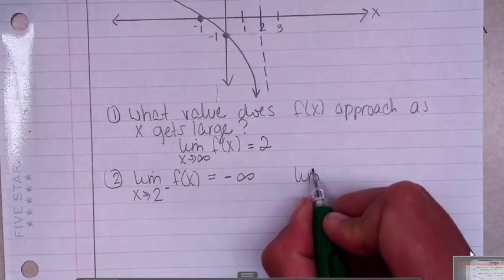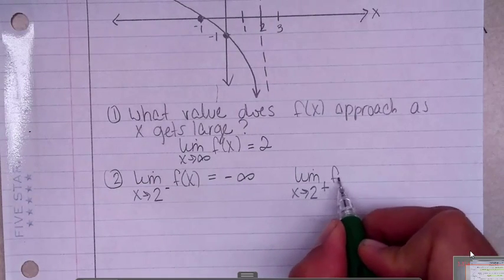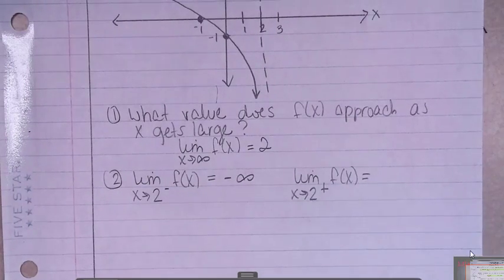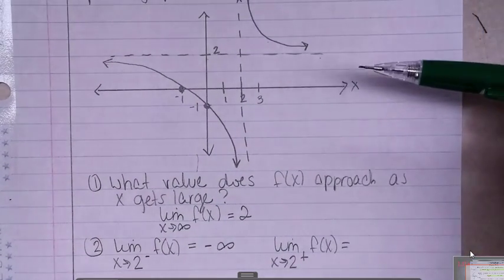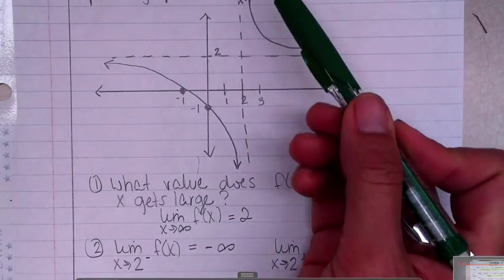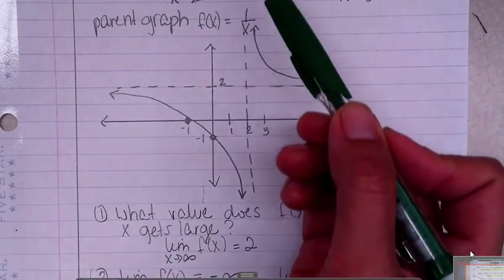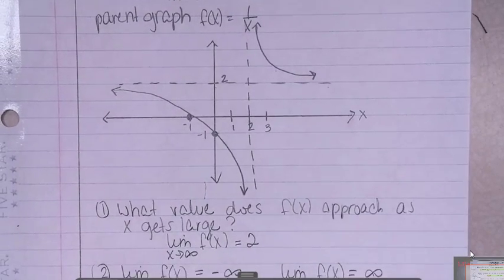How about the limit as x approaches 2 from the right of this function? So as I go from the right, I'm looking at this piece up here, right? Well, that appears to be getting really, really large, right? It's going to be growing and heading towards positive infinity.